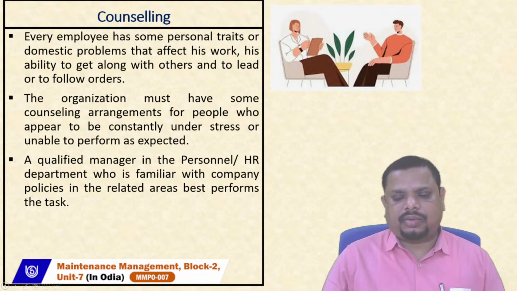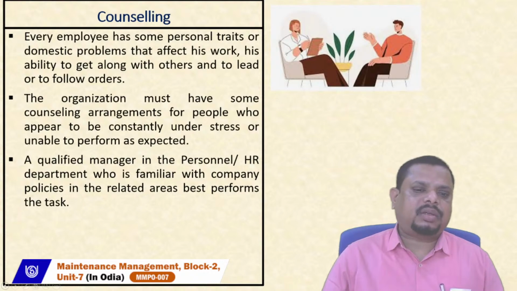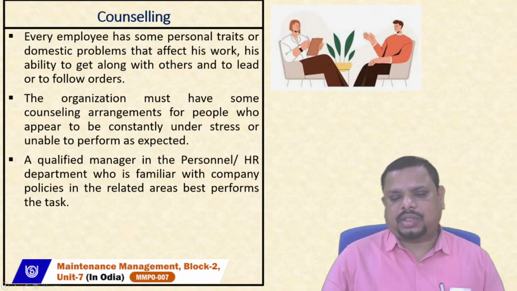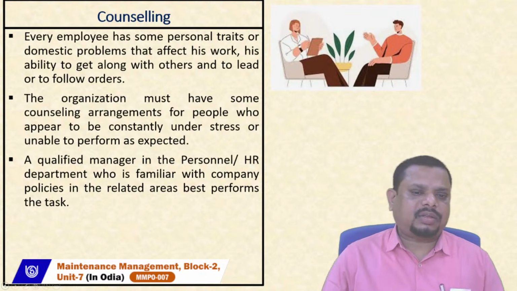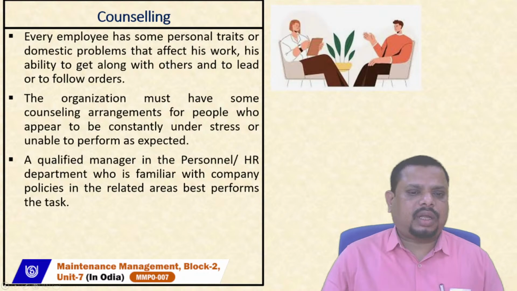It is the duty of the middle level of management, especially the maintenance manager, as well as the top level of management, especially the general manager of maintenance. They provide various counseling programs at the individual level as well as at the group level, so that the stress will be reduced and the maintenance individual works dedicatedly on whatever task is given.